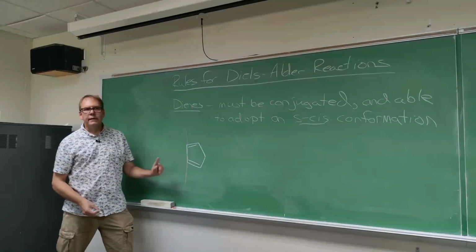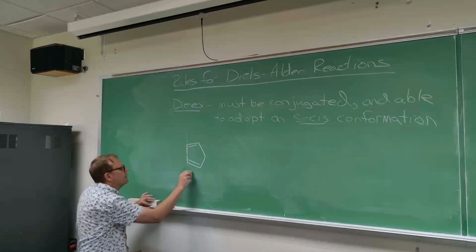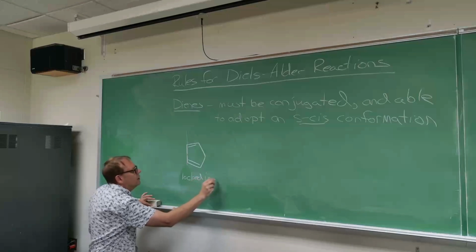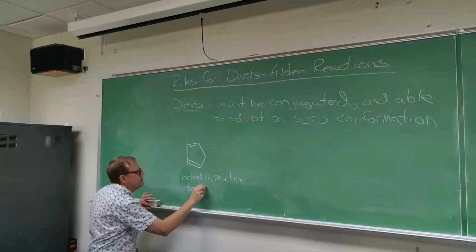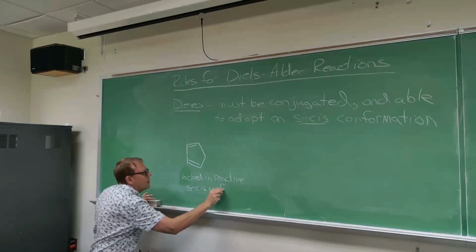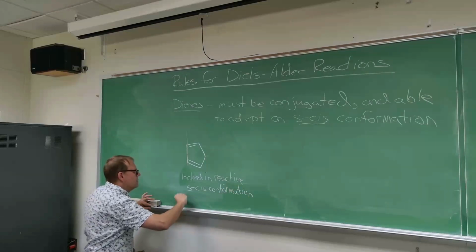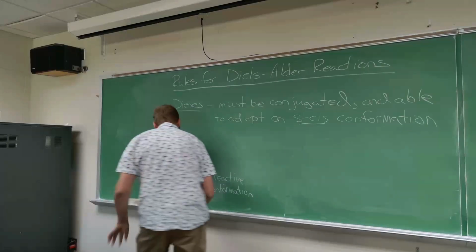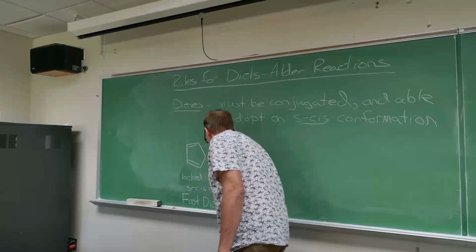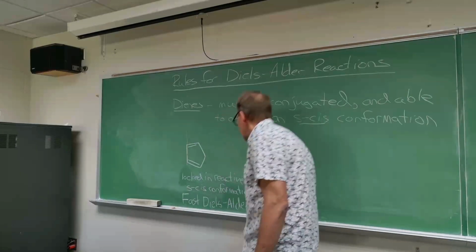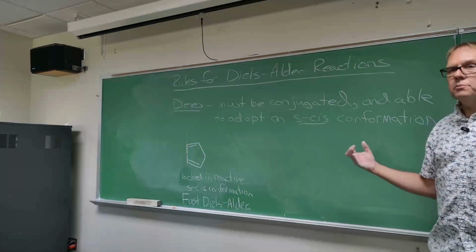So this molecule is locked in a reactive s-cis conformation. So this is going to give a fast Diels-Alder reaction. Because of that, it's already organized into the conformation it needs to be in to react.